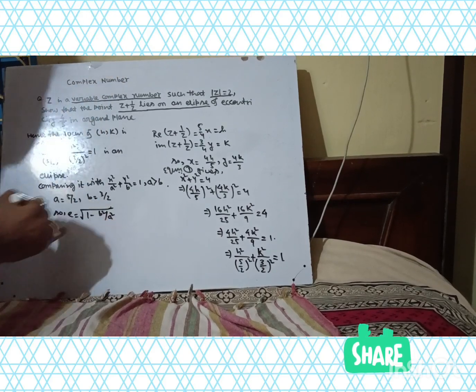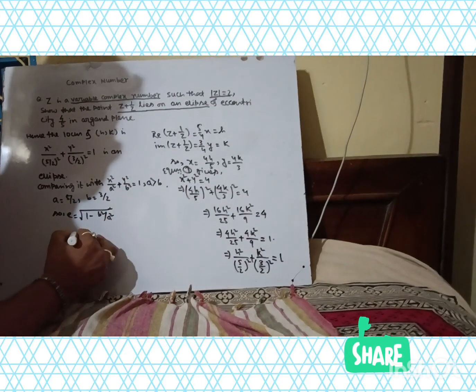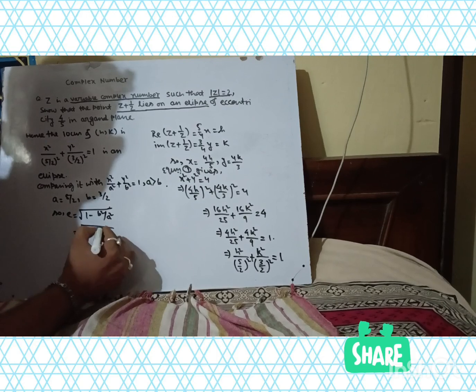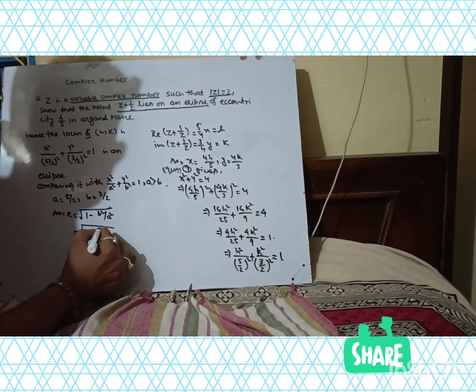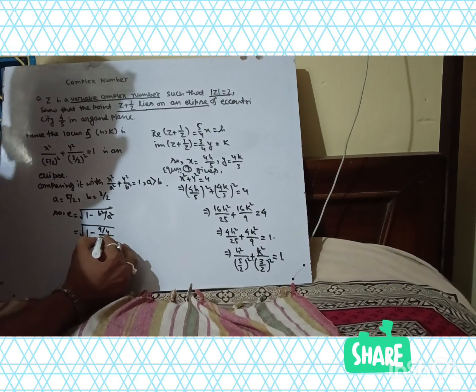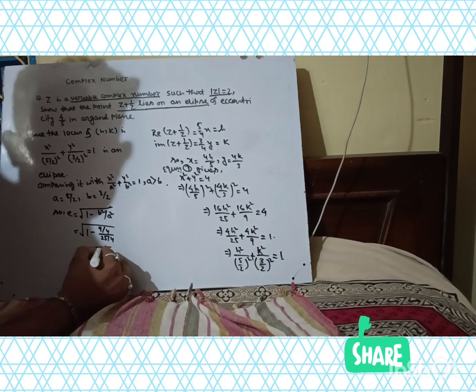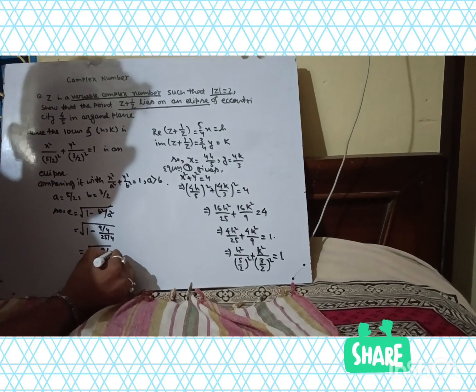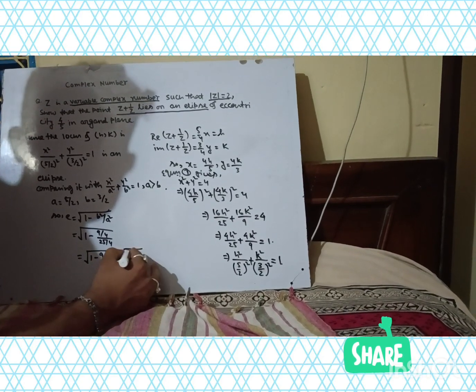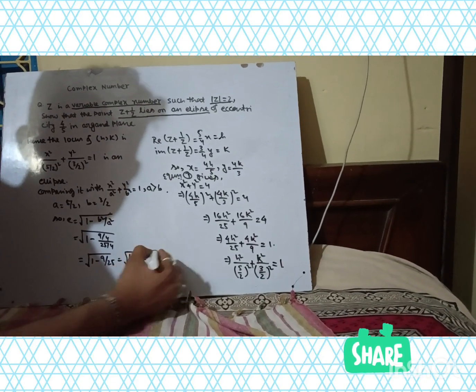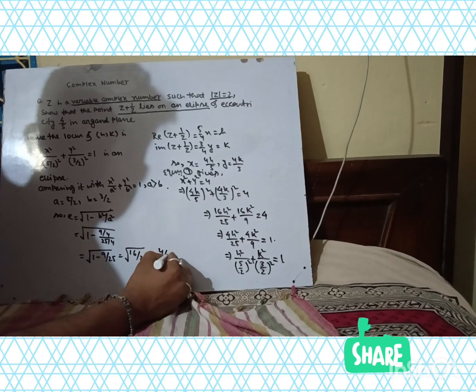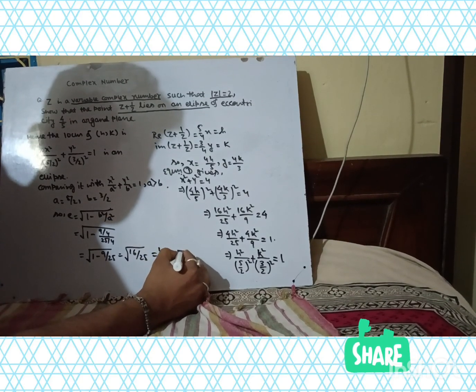It is the formula of eccentricity. So root over 1 minus b square, which is 9 by 4, by a square, which is 25 by 4. That means root over 1 minus 9 by 25, that means root over 16 by 25, that means 4 by 5. Hence the problem.